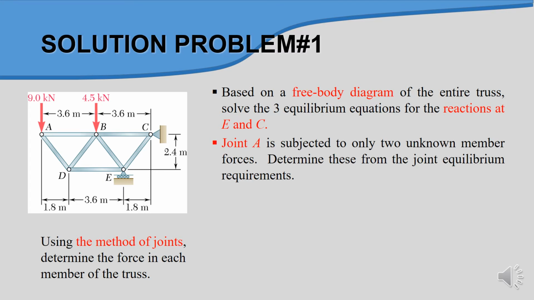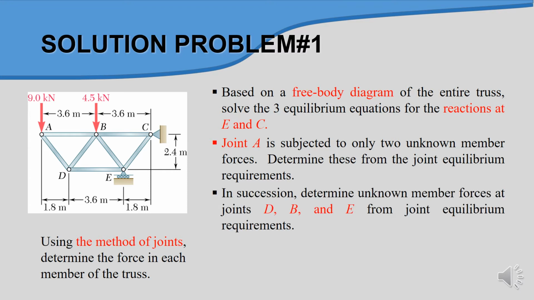we will start at joint A in order to get the value of the unknown member forces. Then, in succession, we will proceed to determine the unknown member forces at joints D, B, and E from the joint equilibrium requirement.